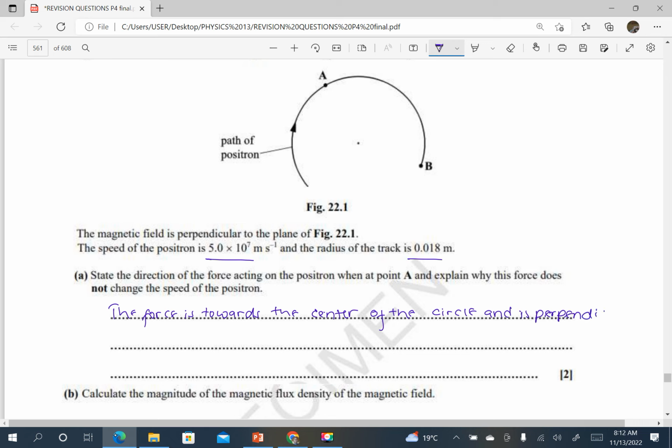to the direction of motion. It's perpendicular to the direction of motion of the particle.